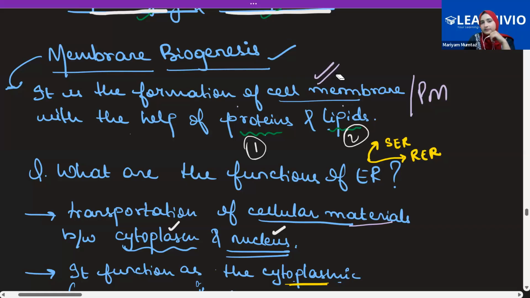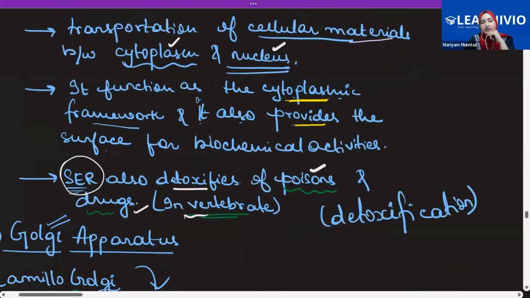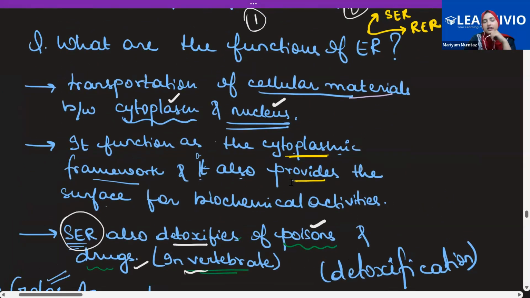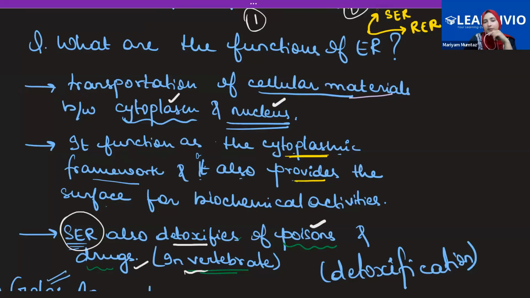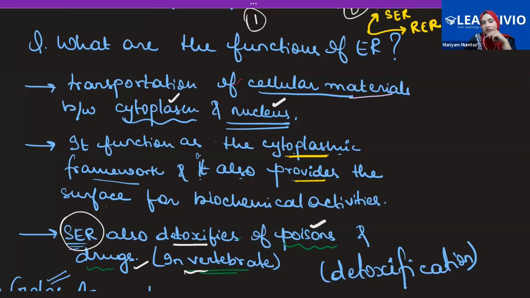Clear? Yes, ma'am. Ultimately, let us see the whole process of the endoplasmic reticulum. It is responsible for the transportation of cellular materials between the cytoplasm and the nucleus. It functions like the cytoplasmic framework, meaning it gives the cell or the cytoplasm a particular structure.